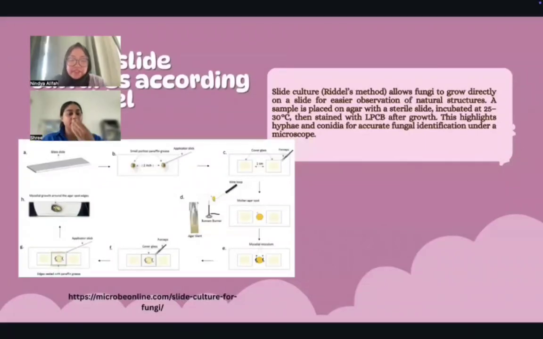The sample is placed on agar with a sterile slide and incubated at a temperature range of 25 to 30 degrees, the ideal condition for the growth of most dermatophytes. The stain used is lactophenol cotton blue, which helps highlight the hyphae and conidia for accurate fungal identification under the microscope.